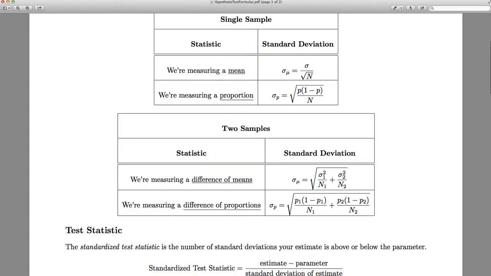We are measuring the difference in proportions. Now, the men and women are not linked in any particular way. If they were linked, we would need a different formula, which would be called a matched pairs test. These men and women are not linked with each other, so our formula for the standard deviation is here.